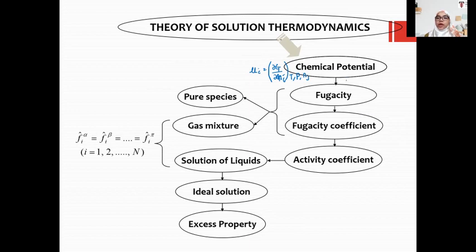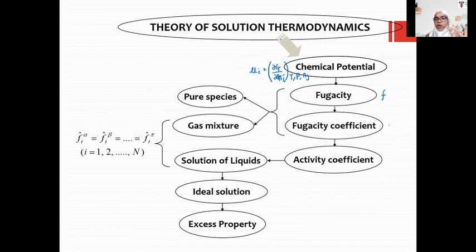And then we introduced the fugacity, or the measurement of the capability of the species to expand or to be transferred from one phase to another phase based on the pressure on the species.